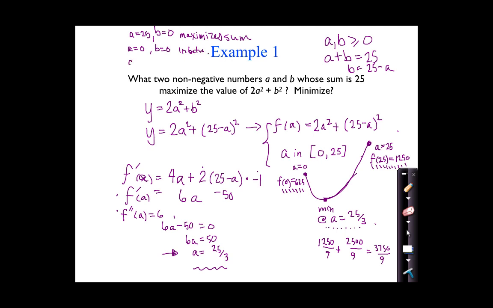But a equals 25 over 3 and b equals 25 minus that, 50 over 3, would be the minimum sum, or minimizes the sum. So those are the three pairs of numbers that we checked. We didn't have to check every other number.